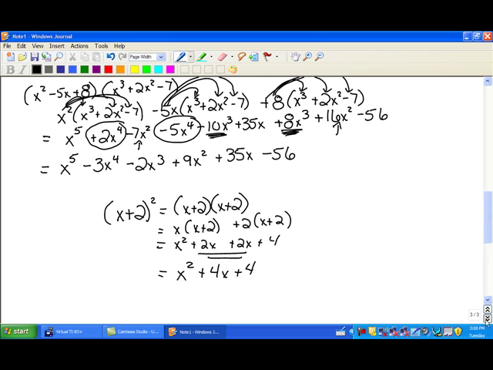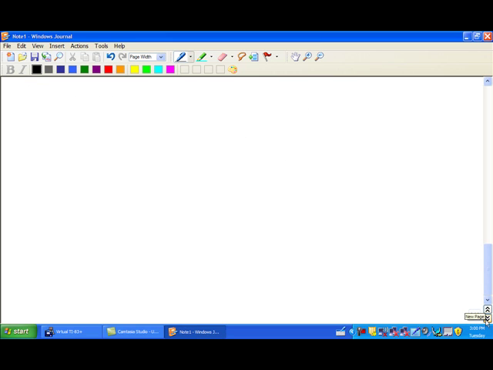These get a little bit more difficult if we have to cube a binomial. If we have x plus 3 to the third power, remember that means we're going to have to multiply x plus 3 times x plus 3 times x plus 3. Your brain is only capable of multiplying two things together at a time.